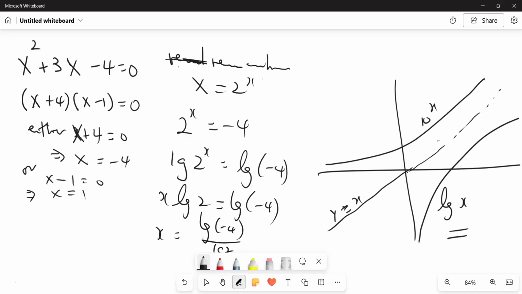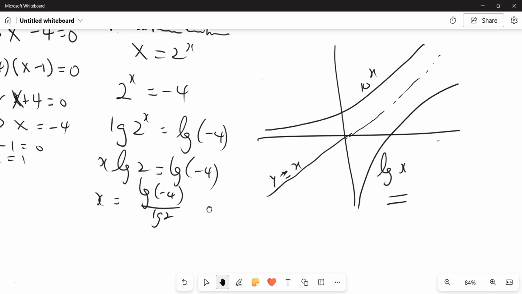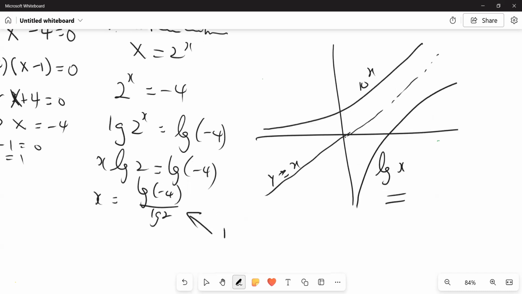The logarithmic function does not exist over on the negative side here. So you can't have the logarithm of a negative number. You can only find the logarithm of a positive number. You can't even find the logarithm of 0. Get that? So that is why this one is going to churn out an invalid solution, right?